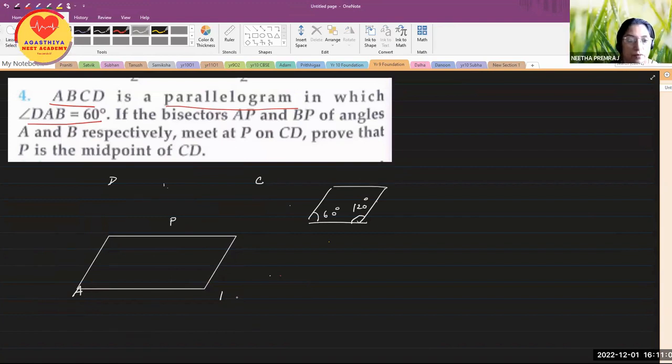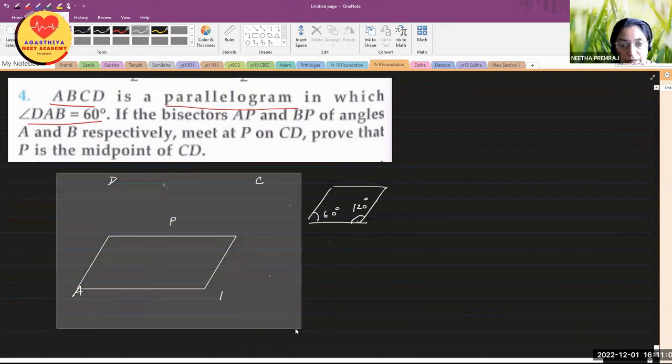So we're supposed to draw this way. Wait, I draw it according to the sum. I'll draw it clearly.